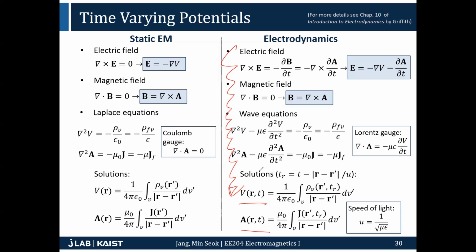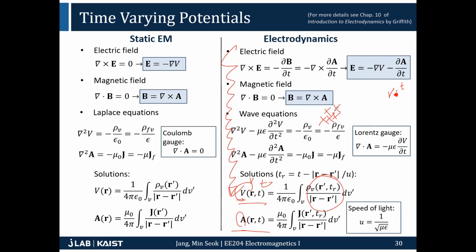If you want to calculate V and A at position R and time t, the field at this position, so the potential and vector potential, should be caused by the sources located here.